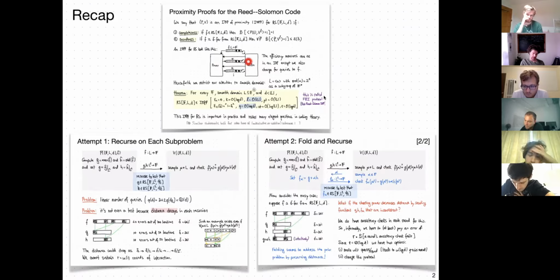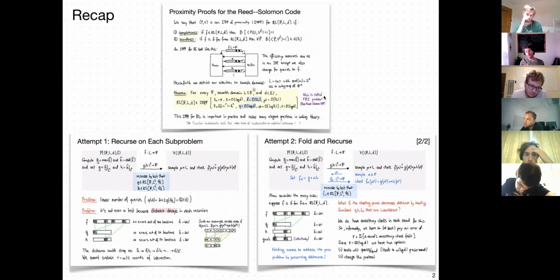So that would be a message from the verifier. And then the prover would take these 2 functions, do this random linear combination of them, and send it back to the verifier. And then the verifier would check consistency on this part, and then continue to recurse on that.